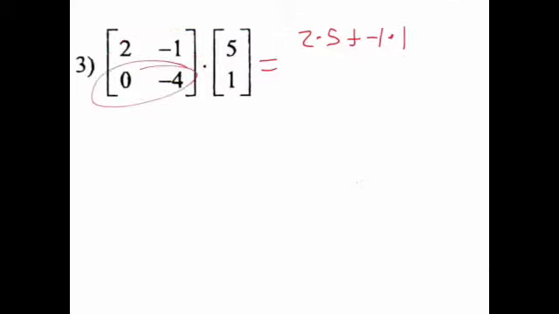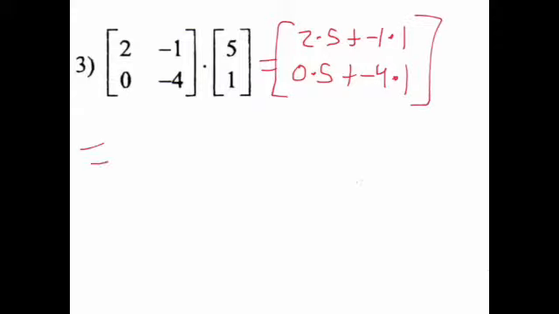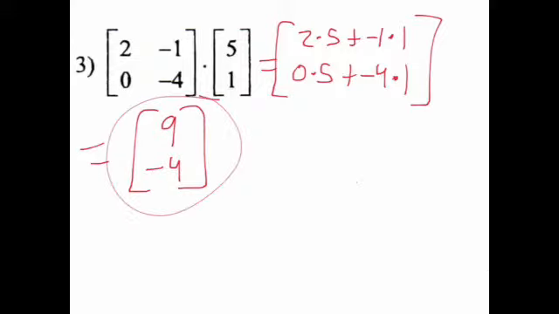And now I'm going to take my second row and times by the only column there is, 0 times the 5 plus negative 4 times the 1. And when you do that, you're going to get 2 times 5, which is 10, plus negative 1, it's going to give me 9, and then 0 plus negative 4 is just going to give you negative 4. So that's my resulting matrix.